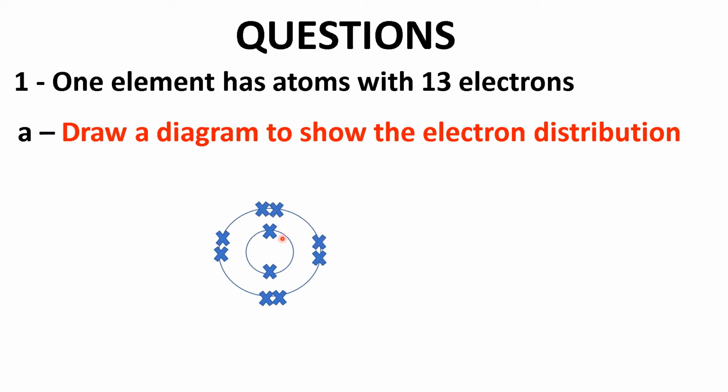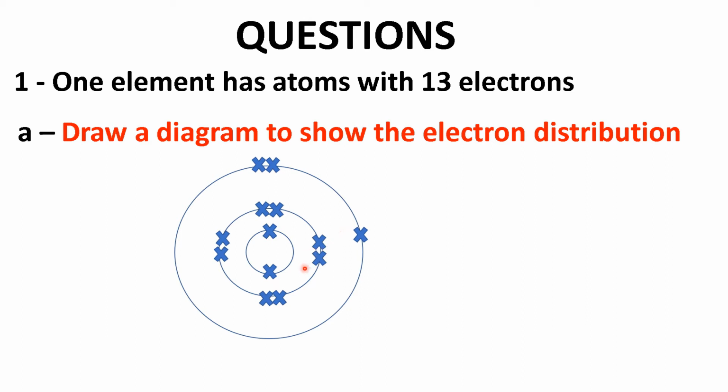We add 2 plus 8 equal 10, so the remaining from 13 is 3. So we draw the outermost shell with 3 electrons.